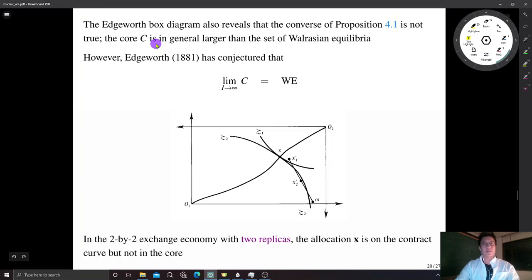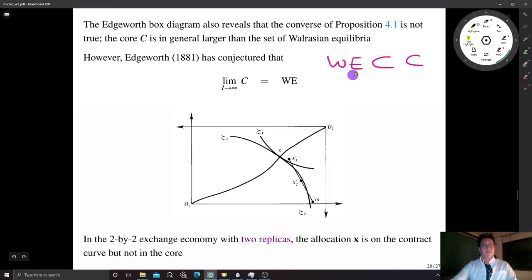The core C is in general a larger set than the set of Walrasian equilibria. So the set of Walrasian equilibria is a proper subset of the core.